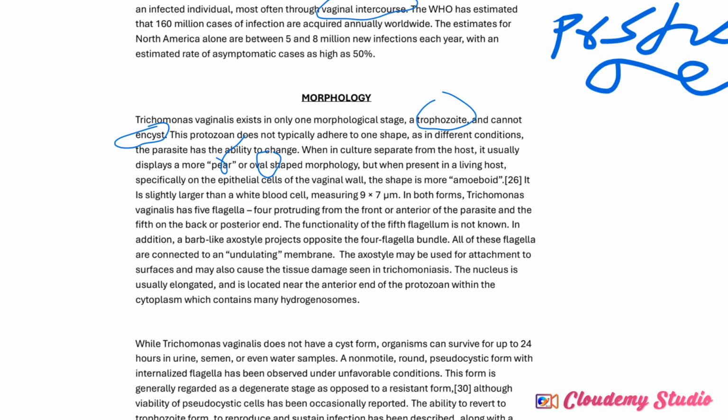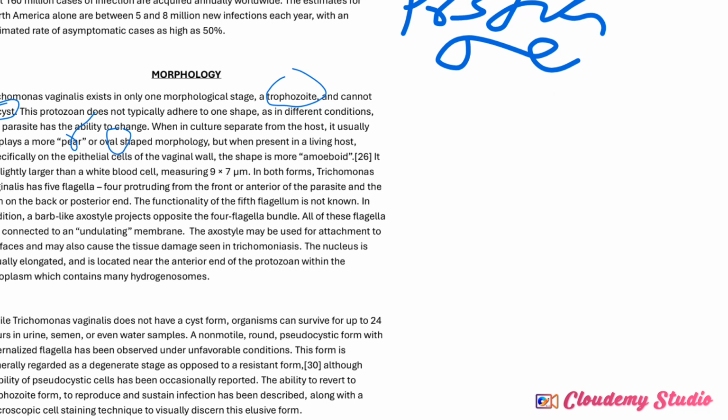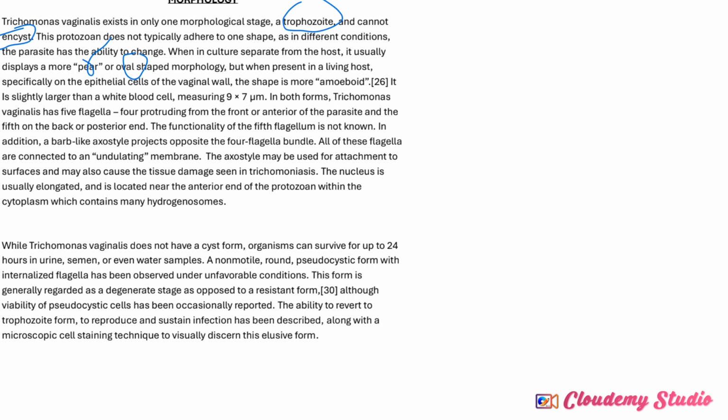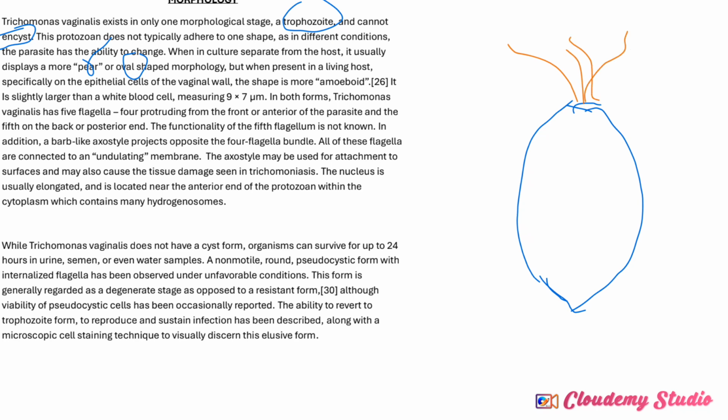The nucleus is elongated and is located near the anterior end of the protozoan within the cytoplasm, which may contain many hydrogenosomes. So I can illustrate the diagram of this group of animals. They are oval or pear shaped, and they have 5 flagella: 4 anterior, and 1 posterior, which forms an undulating membrane.